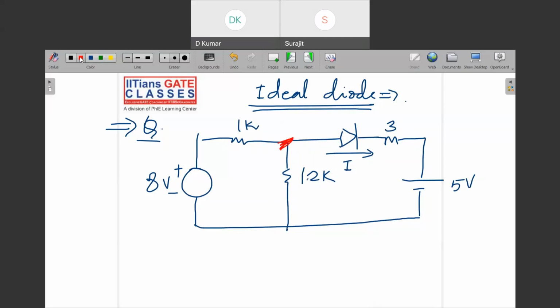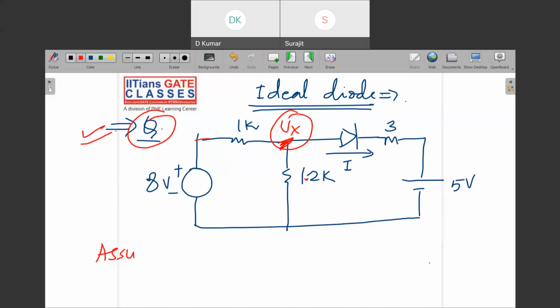So now you can apply Thevenin equivalents, no problem. Is it 1.2K or 112K? It is 1.2K. The stylus is not permitting me to write the dot here. This is the question, and now you can determine Vx here, and then Vx minus 5 upon this 3. What assumption you have to make?